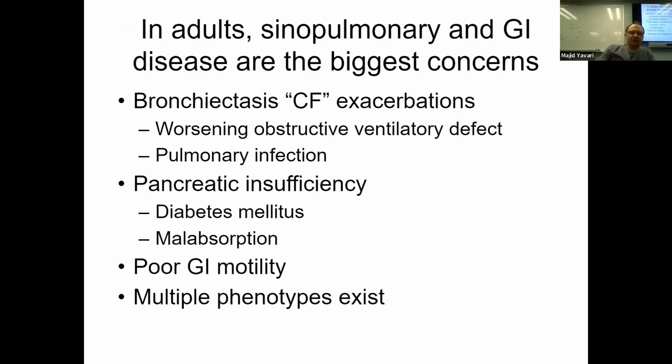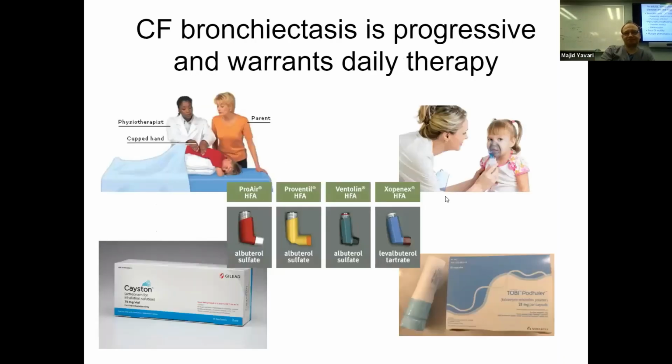And really for CF in adults, the sinopulmonary and GI disease are the biggest concerns. They'll have poorly controlled diabetes due to malabsorption and gastric motility issues, and then have admissions with basically bronchiectasis exacerbations. Yep.